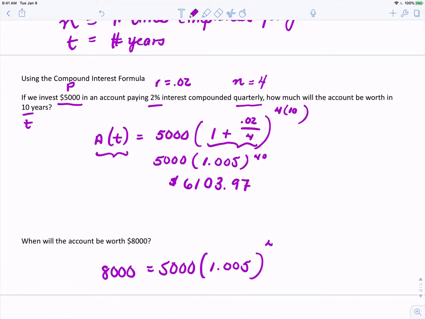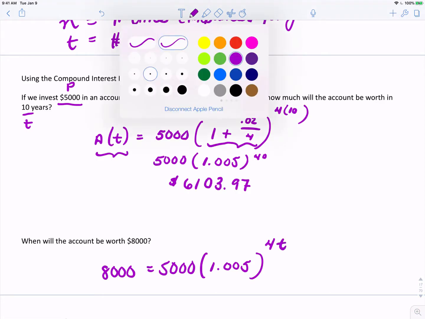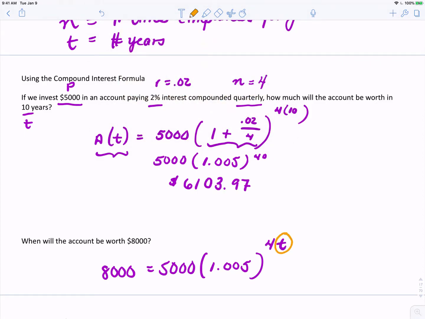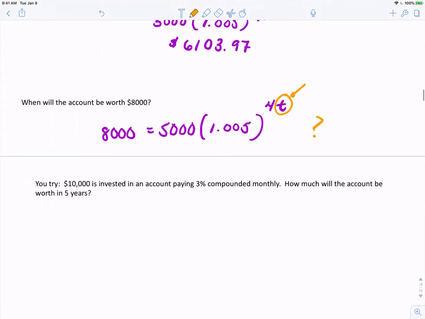We know the interest will be compounded 4 times per year, but we don't know how many years it's going to take. Now notice, again, this is one of those cases where our variable, our unknown, is in the exponent. And up until this point in our class, we haven't discussed how to solve this kind of equation. So we still have to wait a little bit longer before we can answer that question.